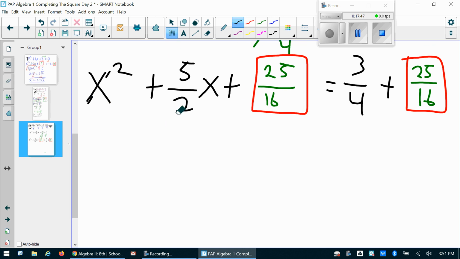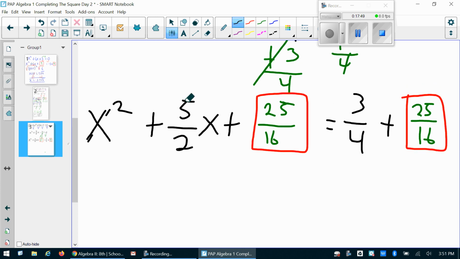Now I'm supposed to factor. The square root of x squared is x. Well, this will always be a plus. I hope you've noticed that as we go. This sign isn't always a plus, but in this case it is. That's the sign that comes down.